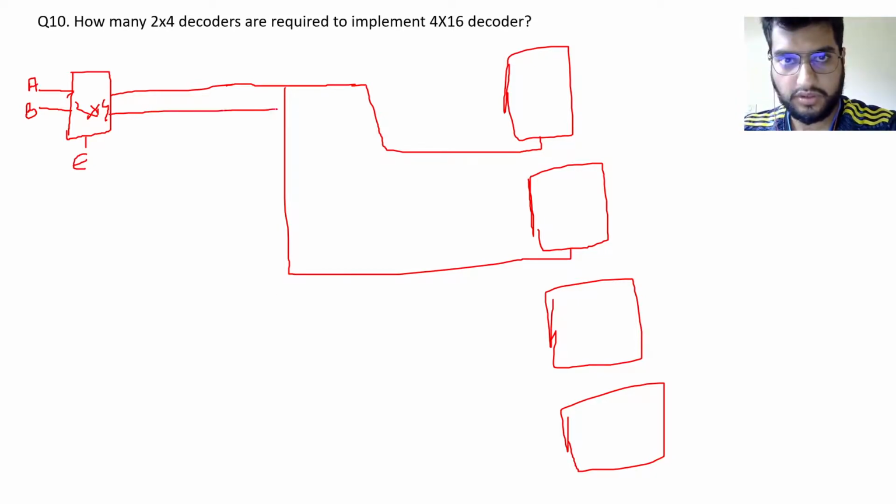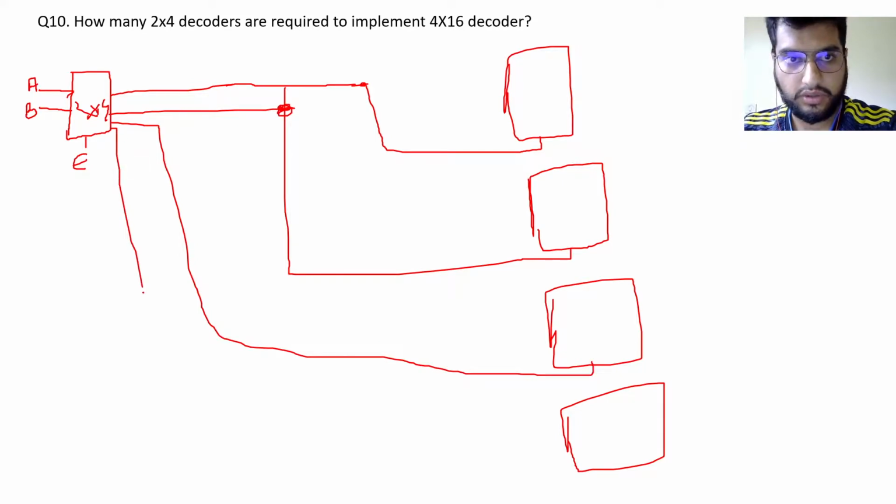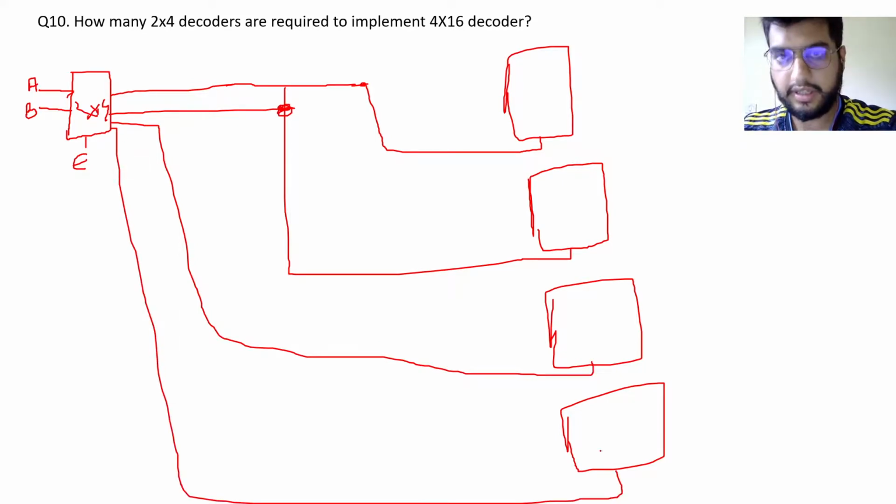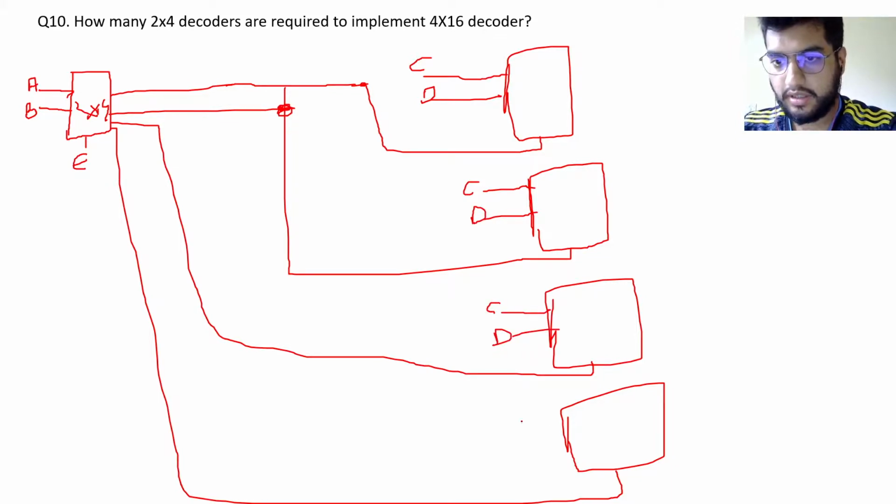This is connected here, this is connected here, and the fourth one is connected here. And my other two inputs will go to all the 4 decoders: C, D, C, D, C, D, and C, D.